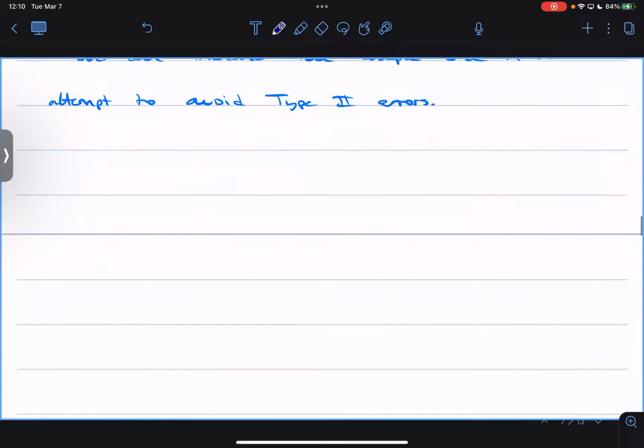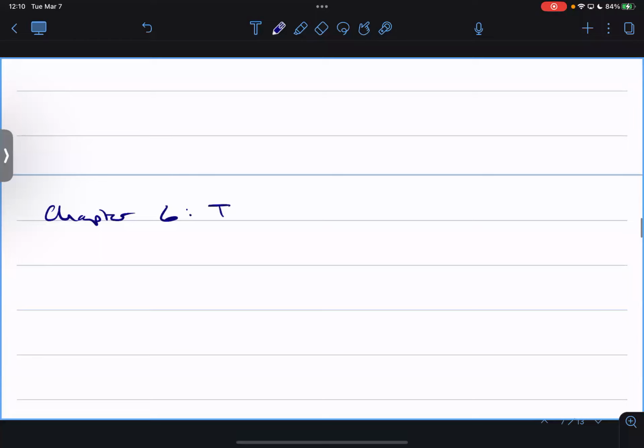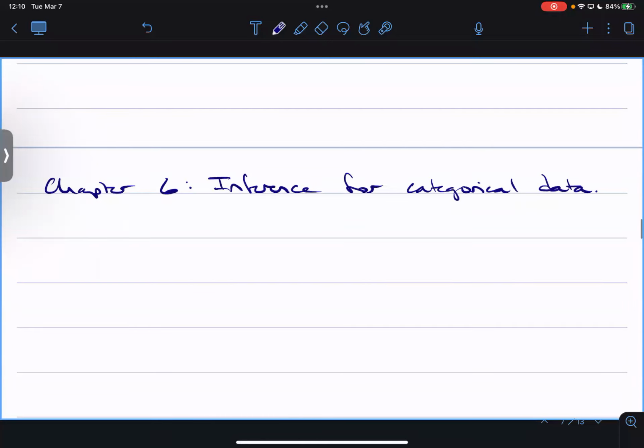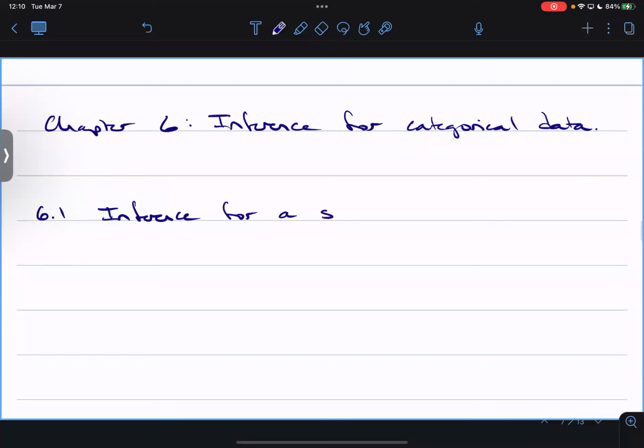Here in chapter 6, we start inference for categorical data. 6.1 is called inference for a single proportion.